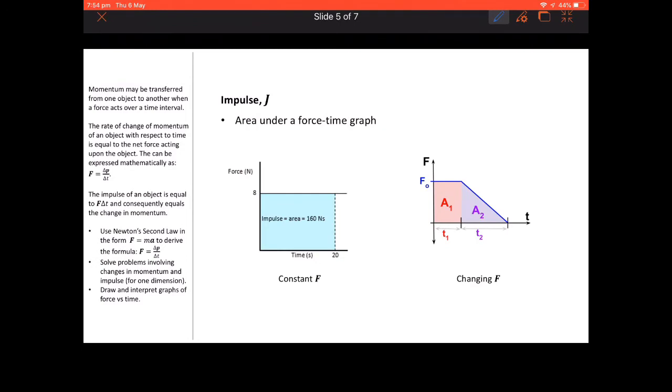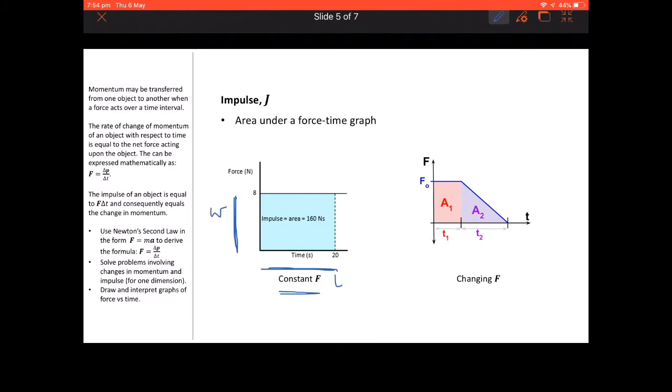Impulse is also equivalent to the area underneath a force time graph. So if you think about this first example here, where a constant force is acting, we've got force on the y-axis and time on the x-axis. If you were to find the area under this graph, it's a rectangle, so you'd be multiplying the length by the width.